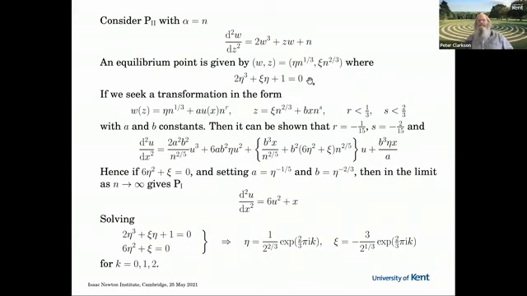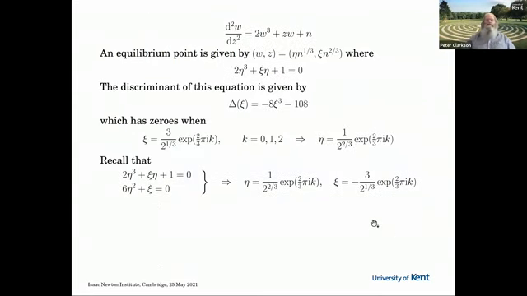And of course, I've already shown that eta and xi are related by this, 6 eta squared plus xi has to be 0. If you solve that, you find exactly what the vertices of this triangle I had before are. So you're finding this coming from the limit as you would expect.